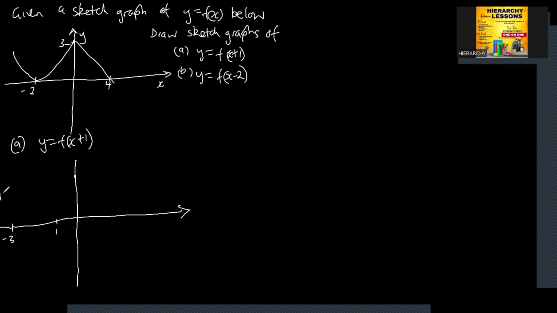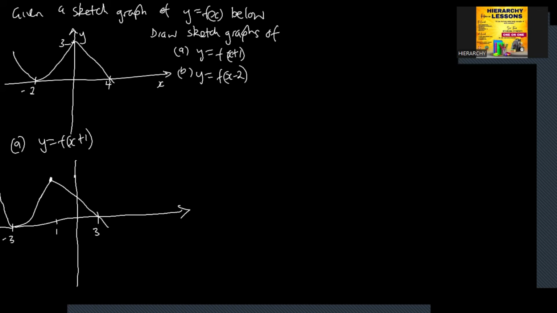So our graph will take on this shape. It will curve at something like this here, and then it will cross here. So this was 3, so this will be 3. Let me show you.